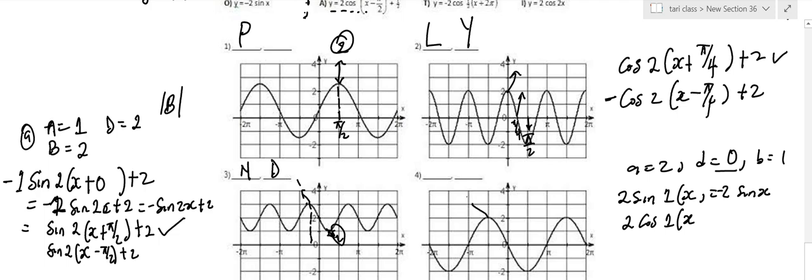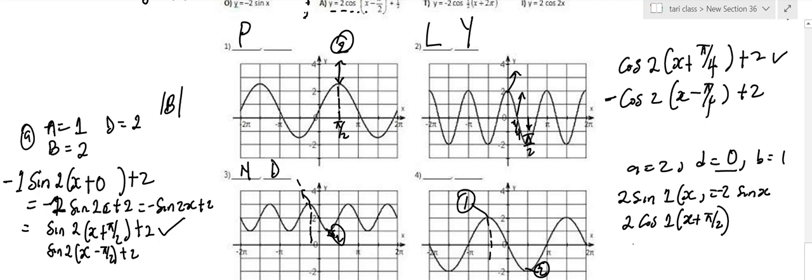So I have 2 points here. This is point 1, and then I have point 2. Observing point 1, my phase shift will be negative pi over 2. When it comes to the equation, it will be positive pi over 2. And remember, it's still at the top, so my amplitude will be positive.